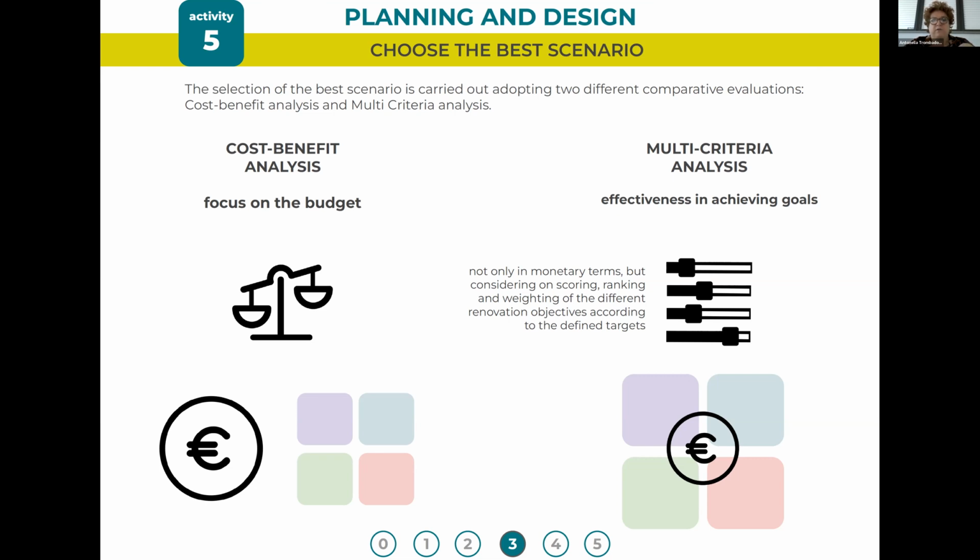So focusing on the budget of the investment and the scenarios, it is possible to quantify the benefit in terms of financial benefit, okay? So we can transform the performance and the energy saving into money saving. It is typical of the evaluation of an investment.